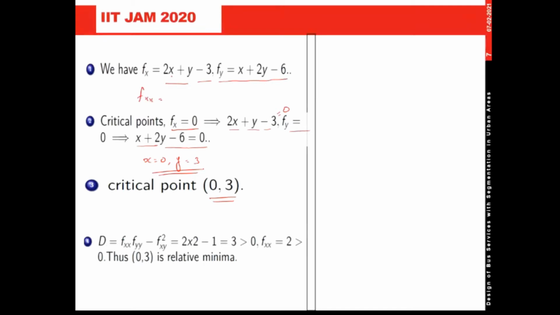If we find the derivative with respect to x, you will get 2, which is greater than 0. And fyy is equal to 2. So fxx times fyy is 2 times 2, minus, if you find fxy, you will get it is 1.